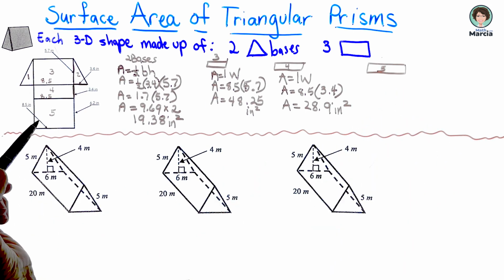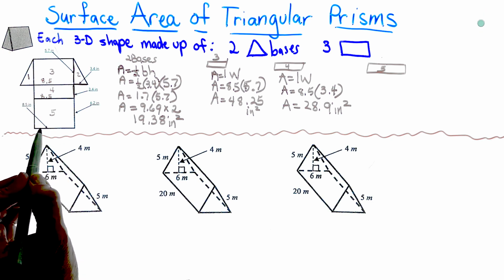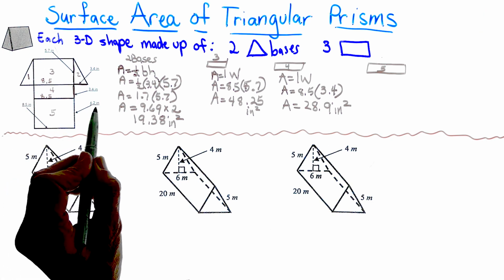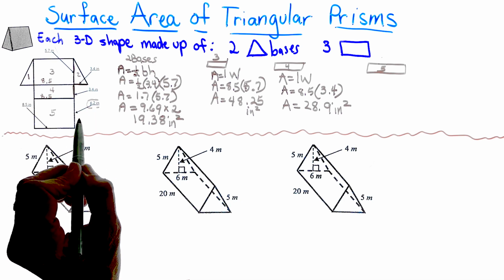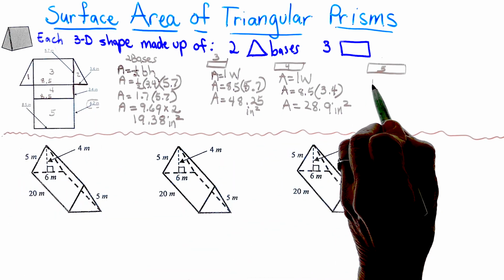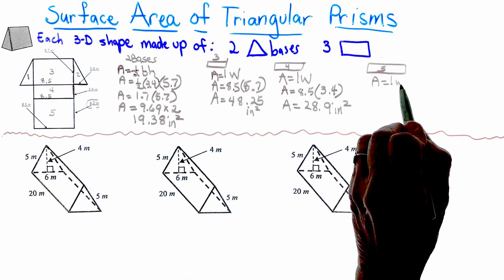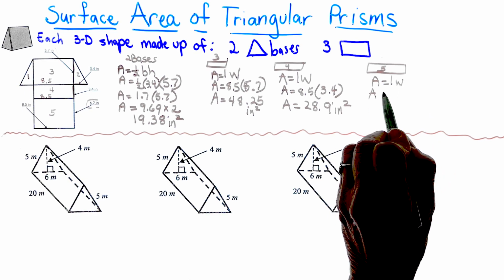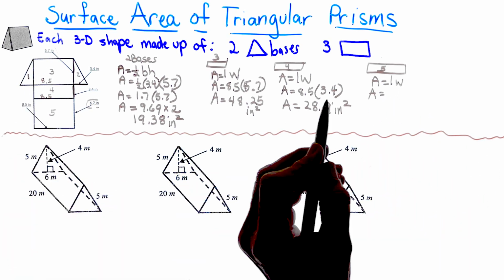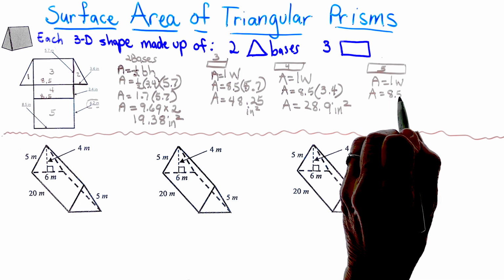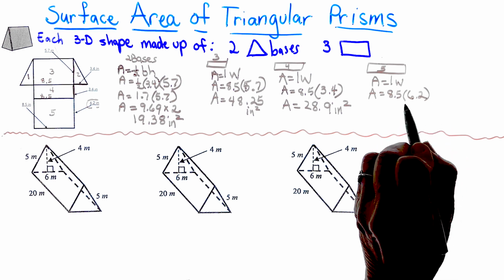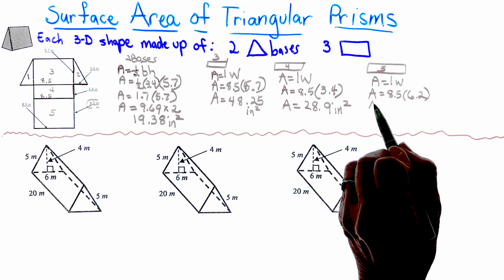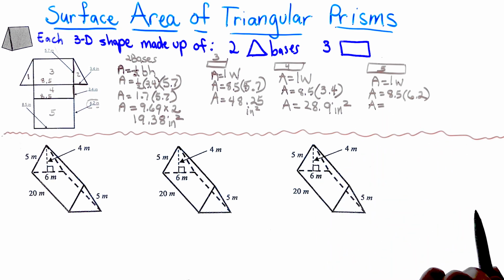All right, so we only have one more shape to find the area of, the 5th part, which is our last rectangle. We can see the base is 8.5, and notice the height is right here. It is 6.2, or the width. So area is equal to length times width. Area is equal to 8.5 times 6.2.